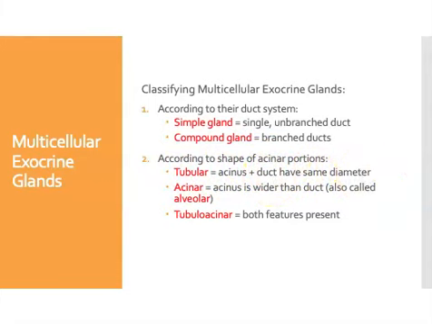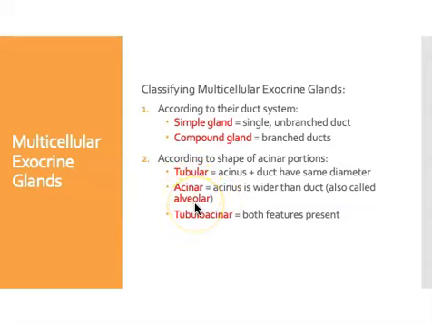In other words, it just looks like a plain tube, this duct. An acinar gland is different. An acinar gland has a wider acinus and a more narrow duct. Now you should know that in some source materials, acinar glands are called alveolar glands instead. Those two words mean the same thing.